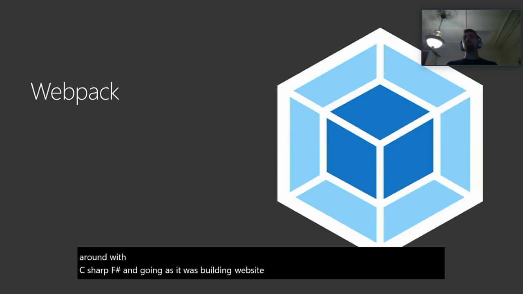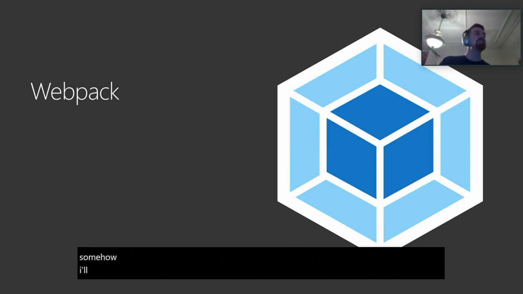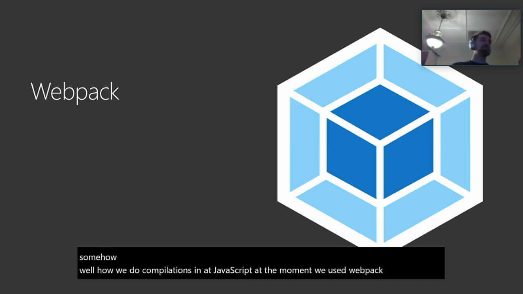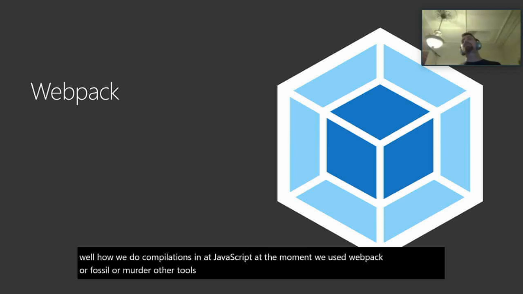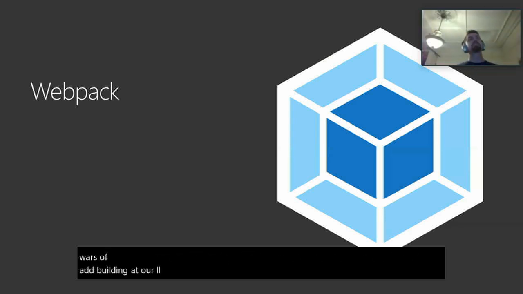Next up, we work out, well, we've got to compile our WebAssembly into a WebAssembly binary somehow. Well, how do we do compilations in JavaScript at the moment? We use Webpack or Parcel or a myriad of other tools, but Webpack is definitely doing a good job of winning in the wars of building out our build and compilation steps inside of JavaScript.